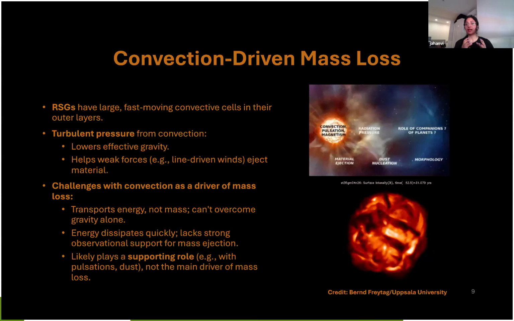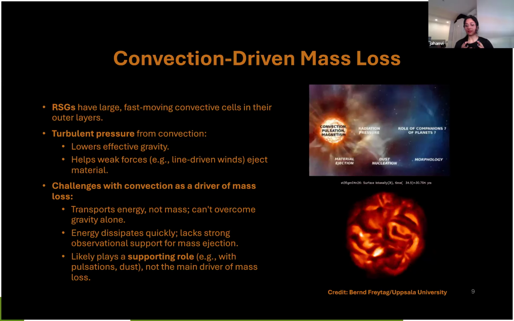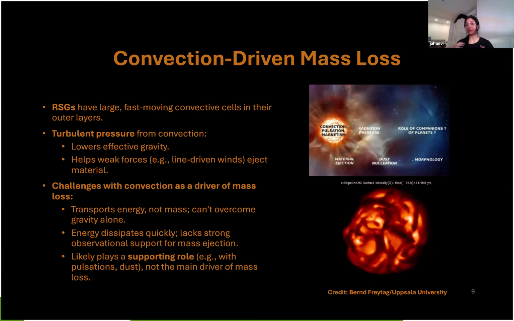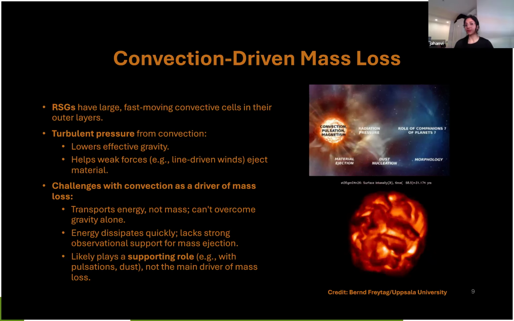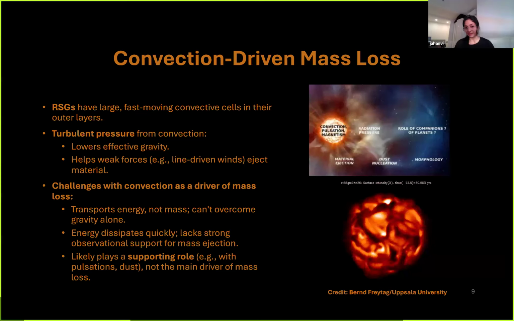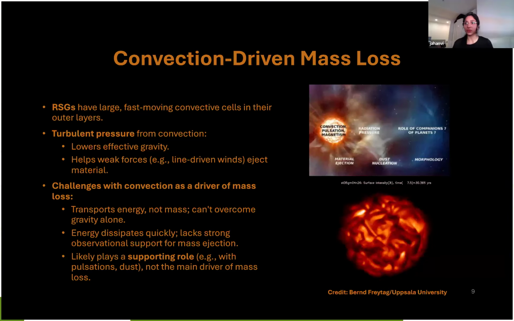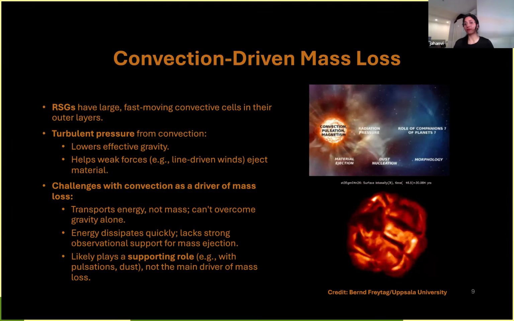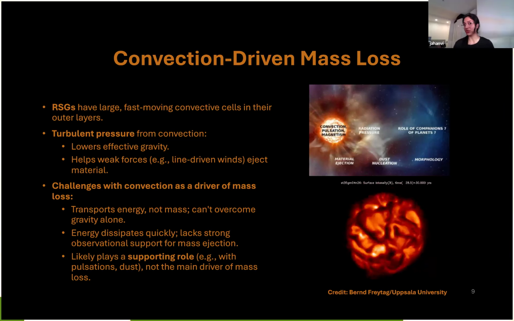Another thing is that the energy transported by convection can dissipate quickly. And we don't even have strong observational support to say that we have huge mass ejection due to convection in RSGs.